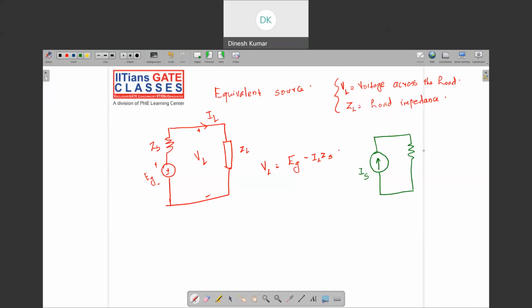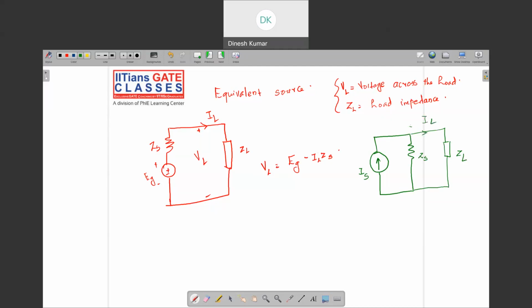Here the voltage, let this be some ZS, and this is basically ZL. Right. So let this current IS is coming here, and this load current remains same. Okay, this is IL.